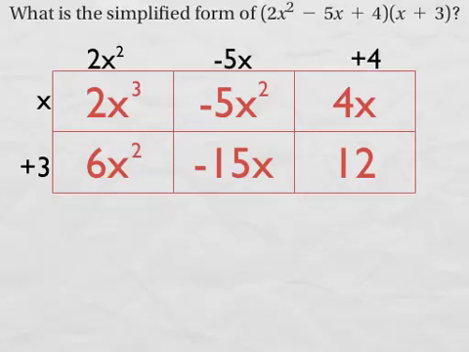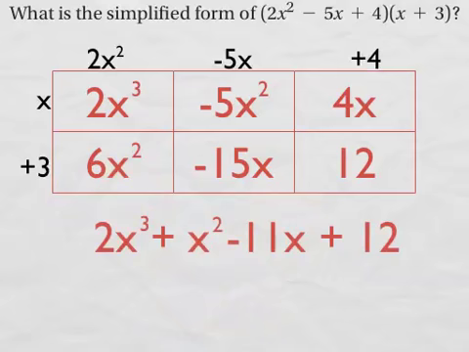And then I also have like terms negative 15x and 4x. Negative 15x plus 4x would give you negative 9x. So when I combine these all together, I would have 2x cubed plus x squared minus 11x plus 12.